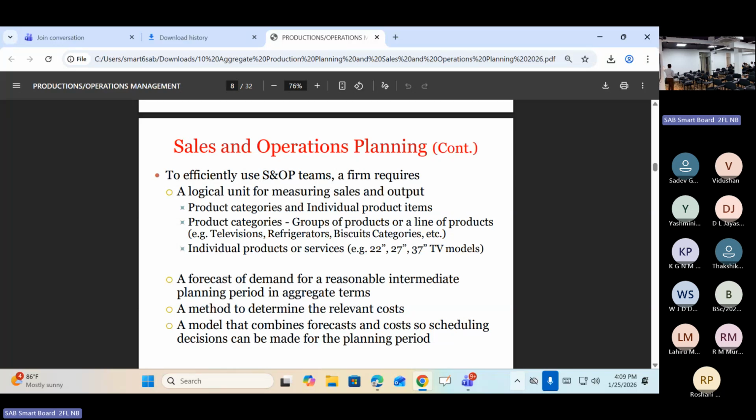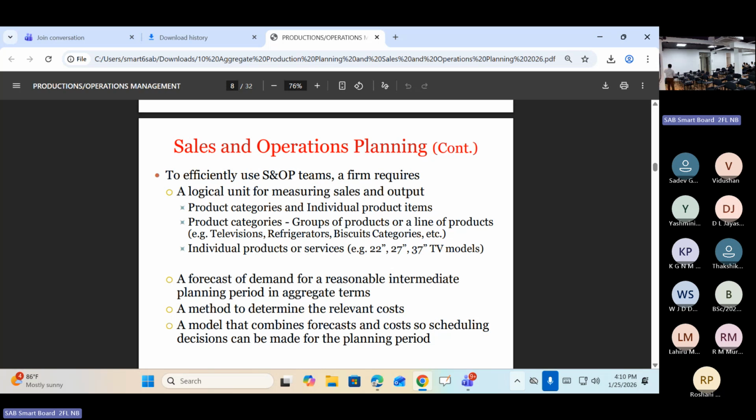In most cases, they would go for product categories, aggregate level. In certain other instances, they might go for individual items, especially if they produce only 1 or 2 items that are of high demand. In such a case, they will go for individual products. Otherwise, product categories are used.